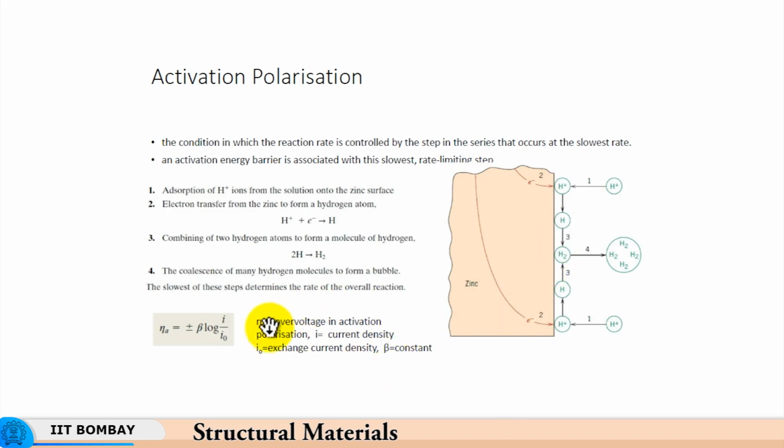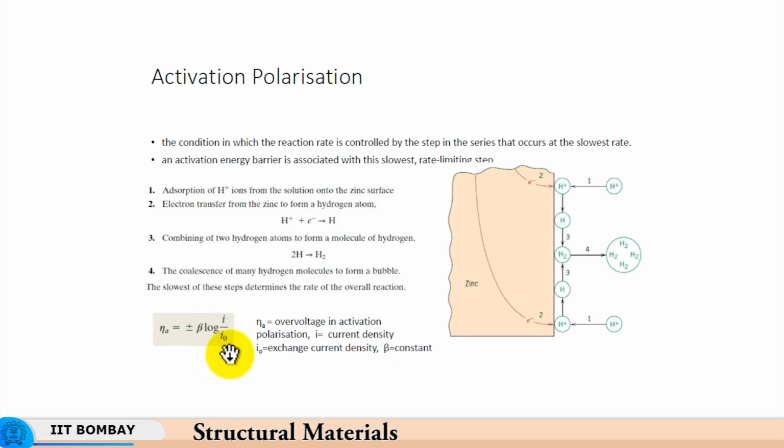So, overvoltage in activation polarization is given by beta log I by I naught. I is the current density here, the current density in non-equilibrium condition. I naught is essentially the exchange current density, which is in equilibrium condition.